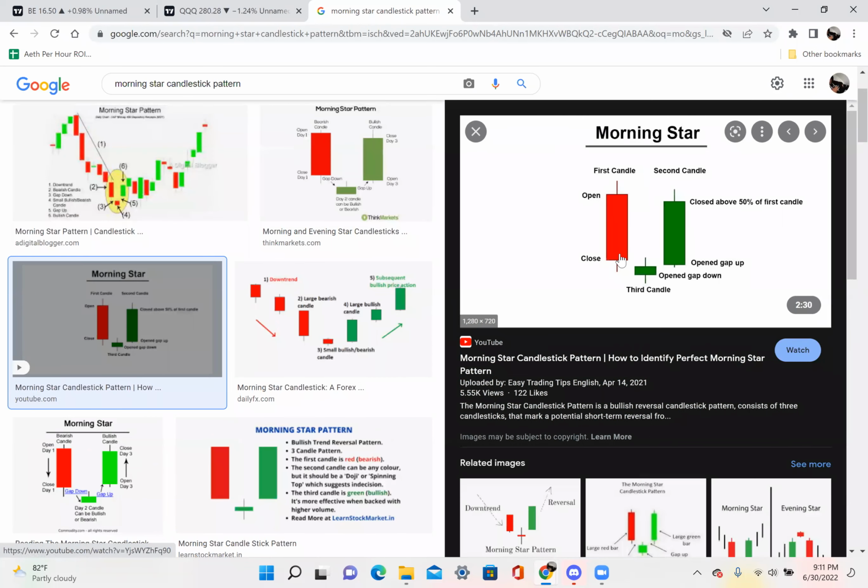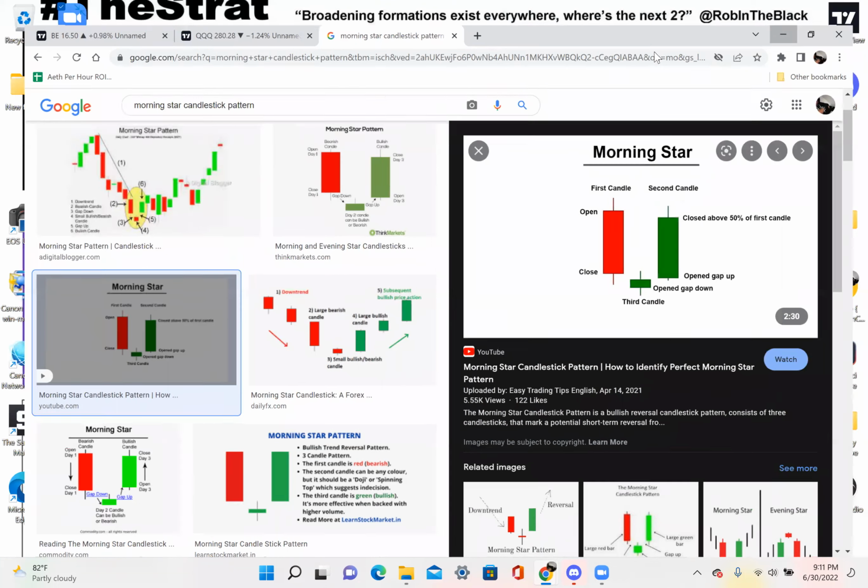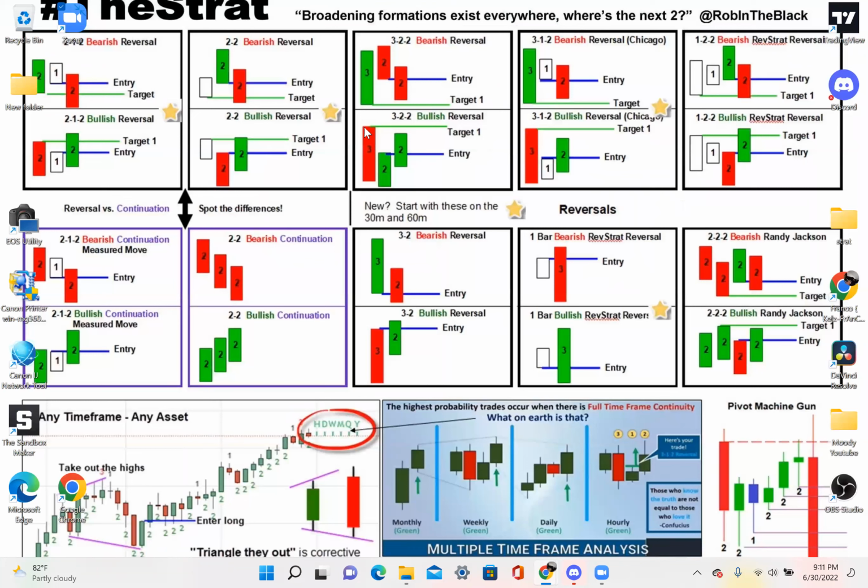This is a 2 down, 2 up, 2 reversal inside of a morning star. Or this could have been a 3-bar. It's still a 2 down. 3, 2, 2. Check it out.